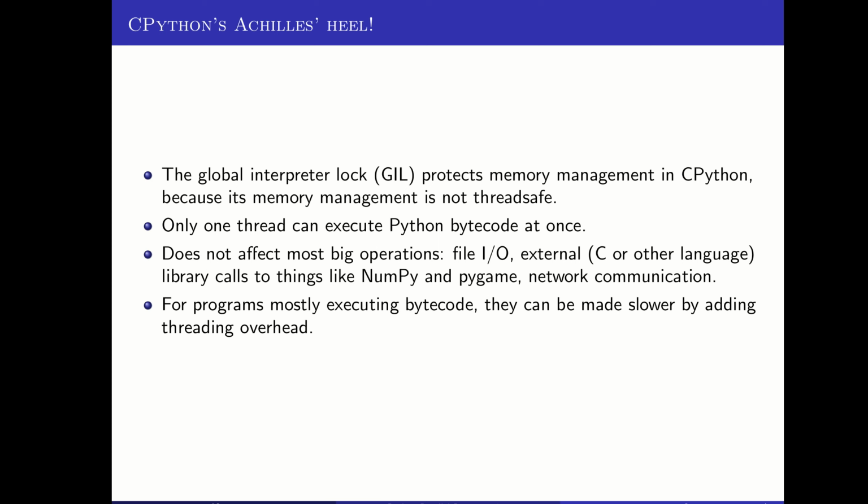But if you want to run things that are purely parallel, meaning that they are executing bytecode, hitting the CPU at the same time, because say you have multiple cores, then adding this threading overhead of waiting on the global interpreter lock to be able to execute your code can actually make your program slower than if you just ran it in a single thread.